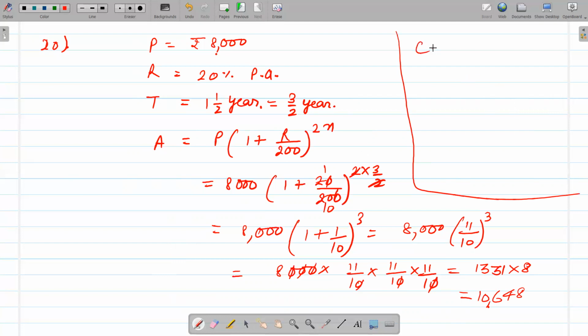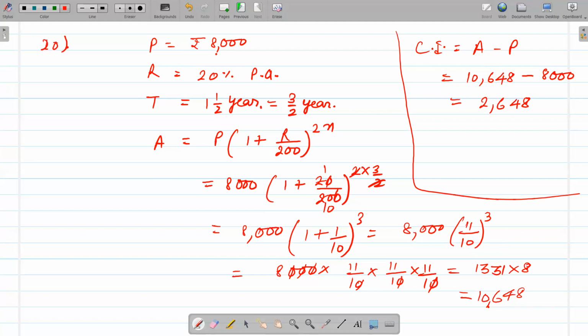The compound interest will be amount minus principal. Your amount is 10,648 minus 8,000, and your final answer will be 2,648.